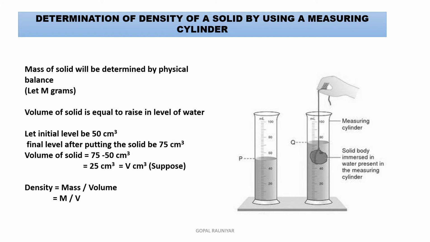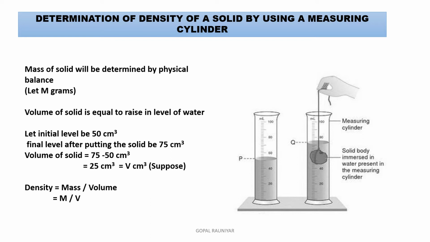and after putting the solid, the liquid level rises up to 75 ml. So the mass of the solid is determined by the physical balance. Let it be m gram. The volume of the solid is equal to the rise in the level of water, meaning the initial volume is 50 ml and after putting the solid the volume rose to 75 ml. So the raised water level will be the volume of this irregular solid.